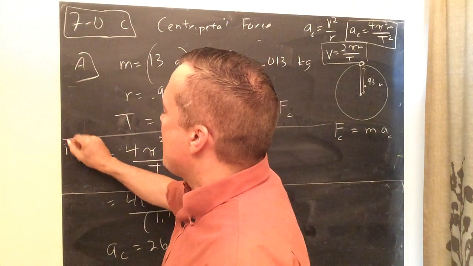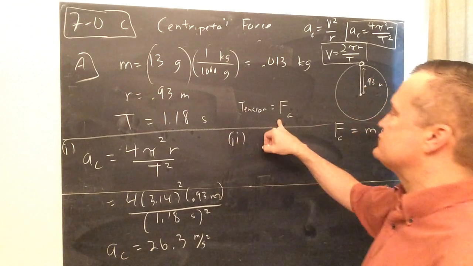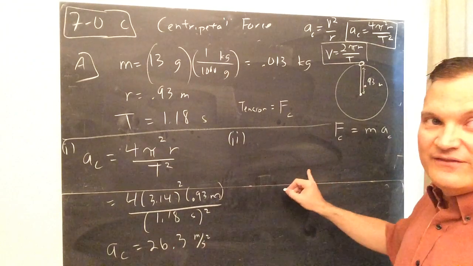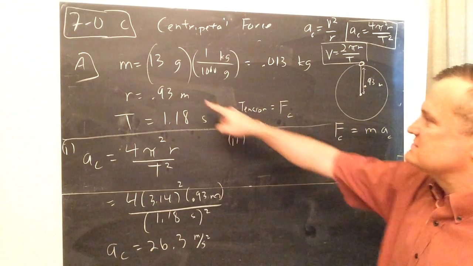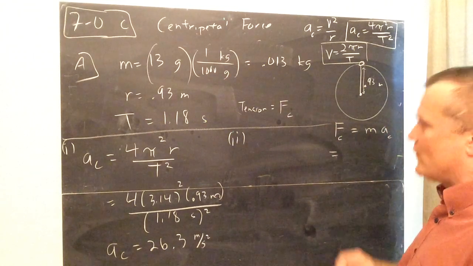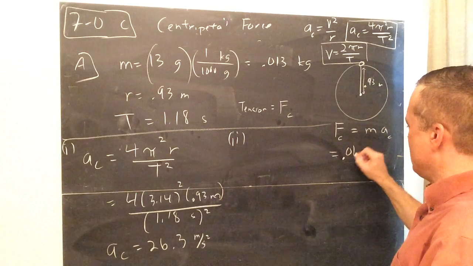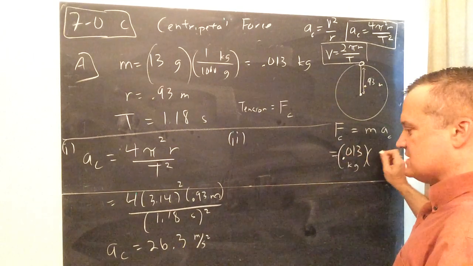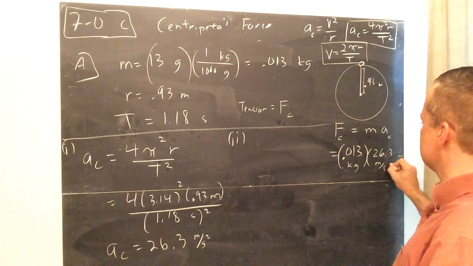I'm not finished yet. What is the tension in the rope? Well, the tension will equal the centripetal force. Centripetal force is m a c. In fact, I could just do the math over here, underneath that one. The mass is 0.013 kg, and the acceleration is 26.3 meters per second squared.